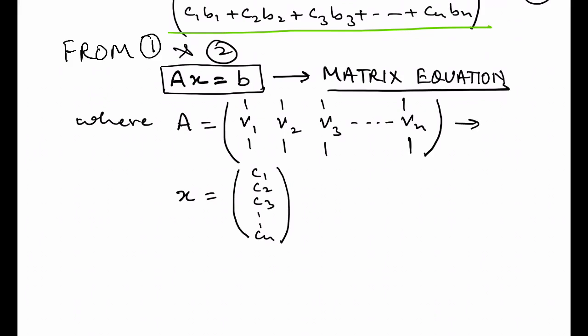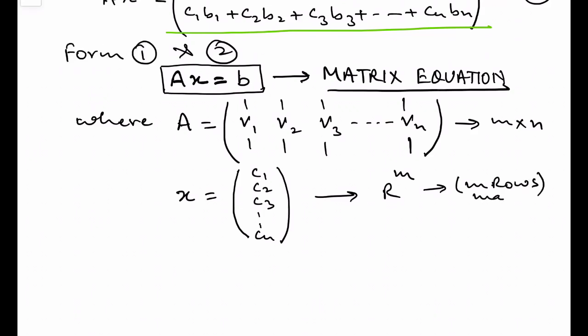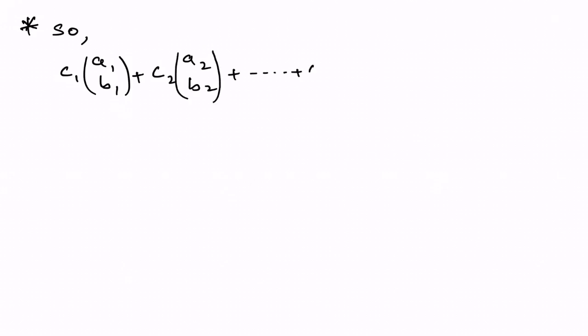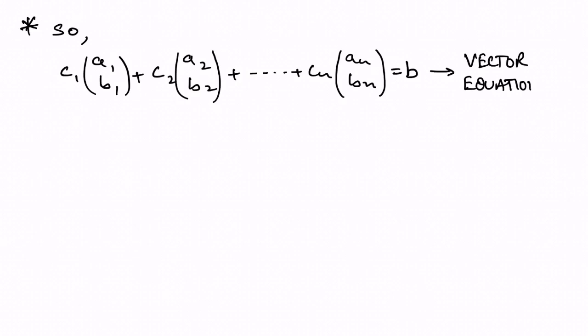A is m by n in order, and b is in Rm, where m is the number of rows in the matrix. So c1 times (a1, b1) plus c2 times (a2, b2) plus up to cn times (an, bn) is equal to b, and this is in vector equation form.